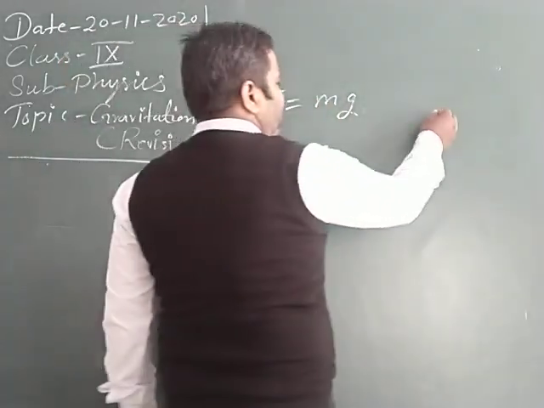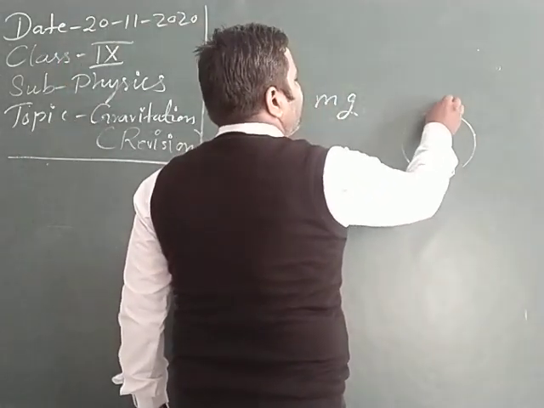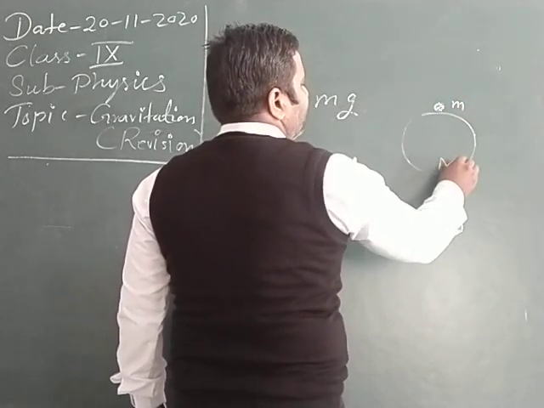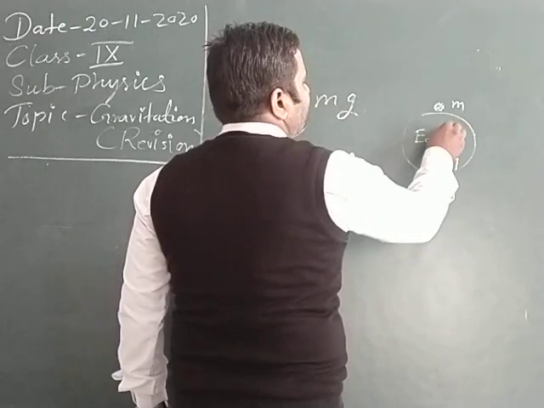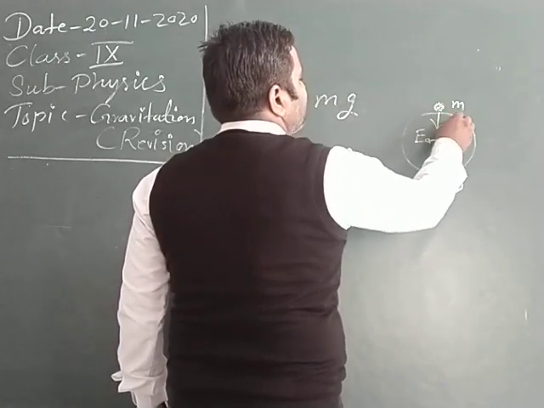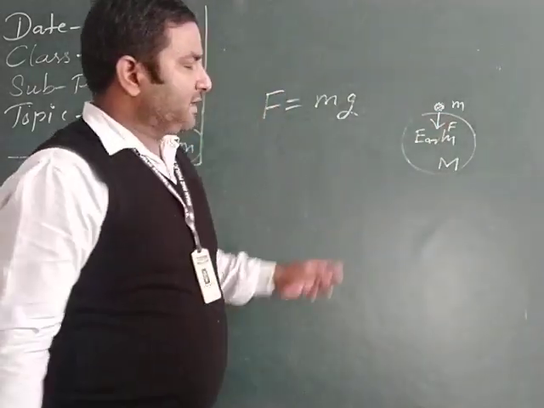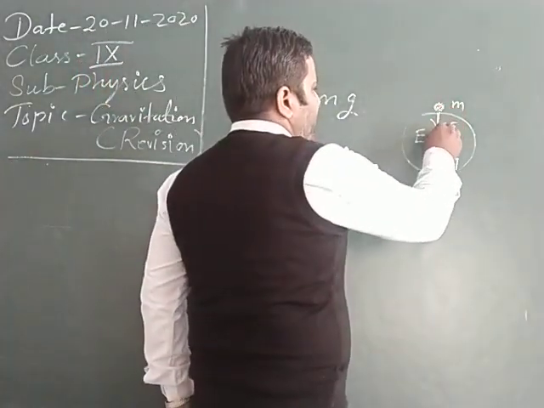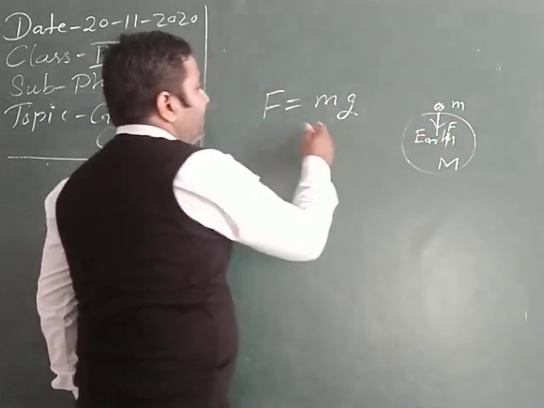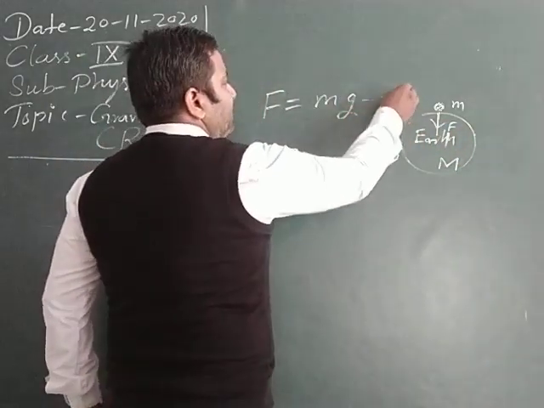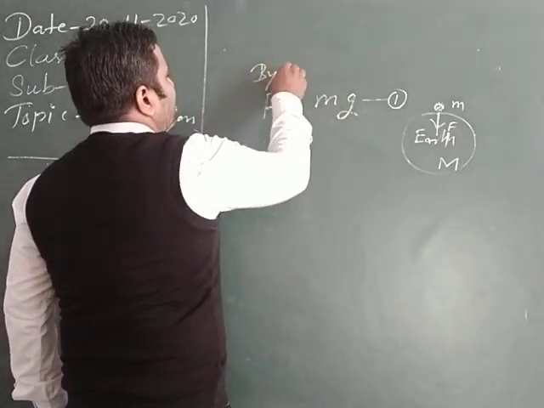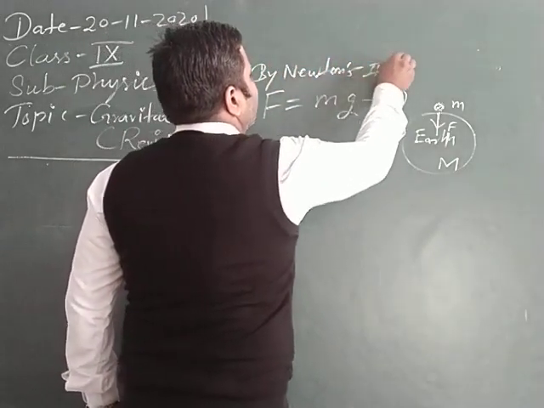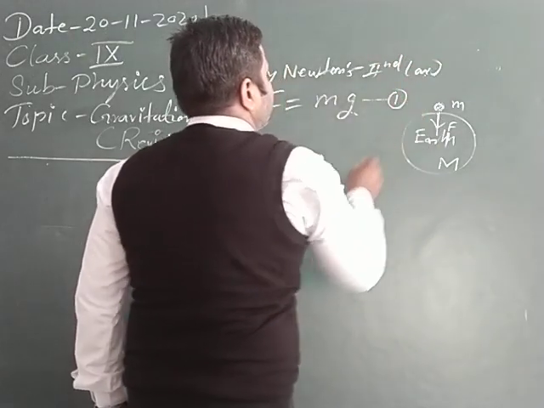Suppose this is the diagram. The body is held at this point, small m, and this is the Earth. Then Earth applies a force on the body, the force acting downwards, and by Newton's second law this force is mg.